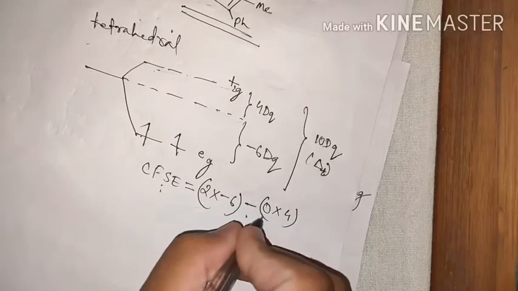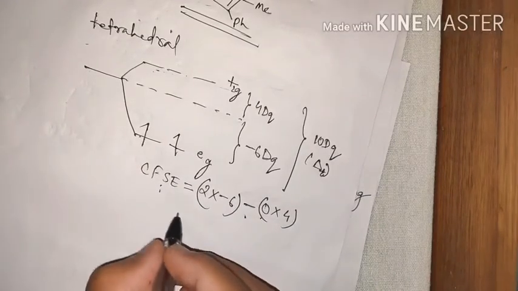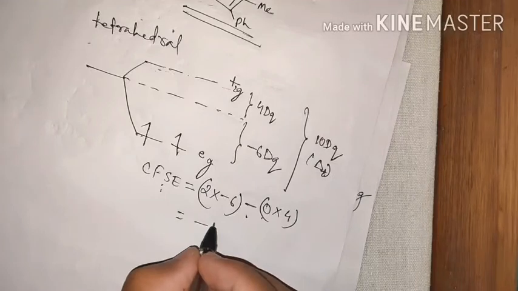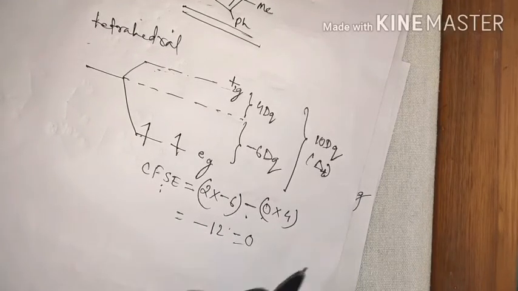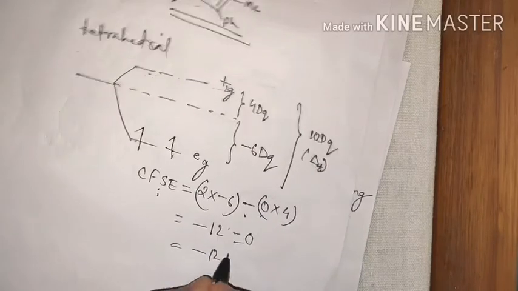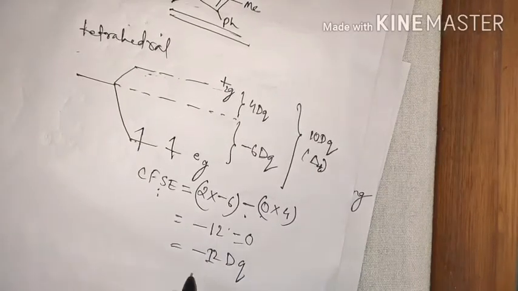This is actually the formula for the CFSE. So that is equal to minus 12 minus 0, so that is equal to minus 12 Dq. So this will be the answer.